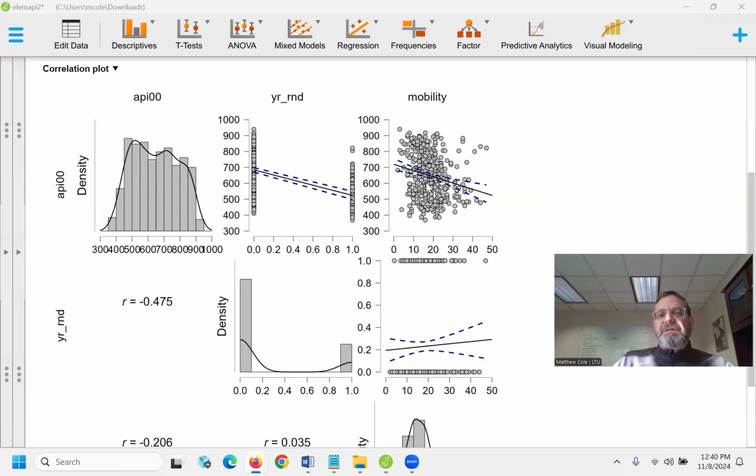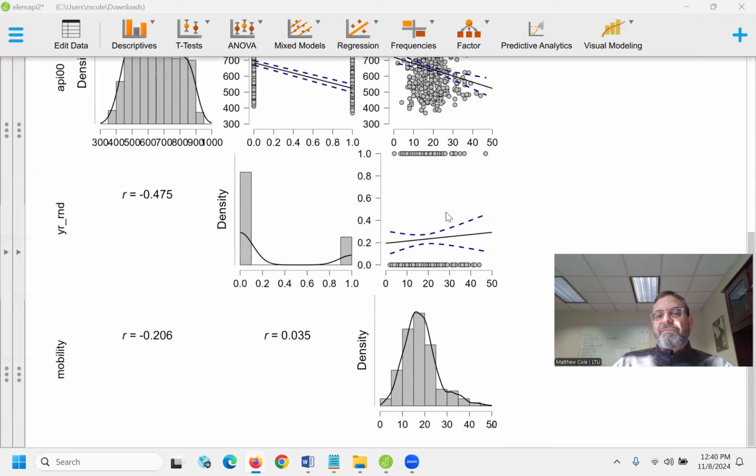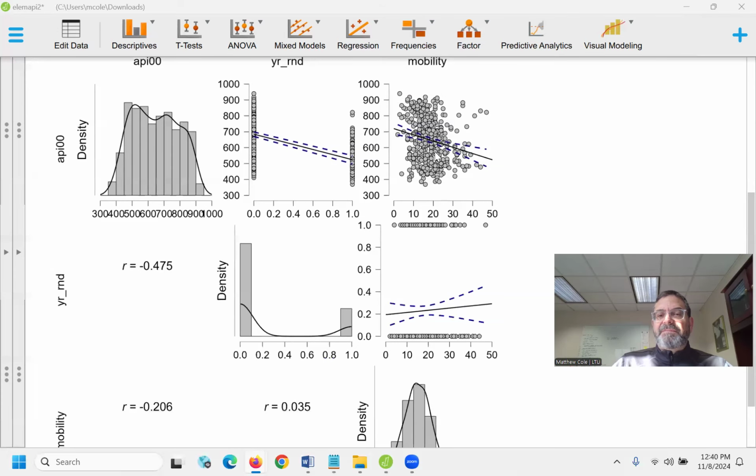But these are a little bit abstract, but we see, so overall, right, API is declining. We're seeing that negative slope as mobility increases, right? So API is on the y-axis, right? So academic performance is decreasing as we go from 0 to 1, from not being open year-round to yes being open year-round.